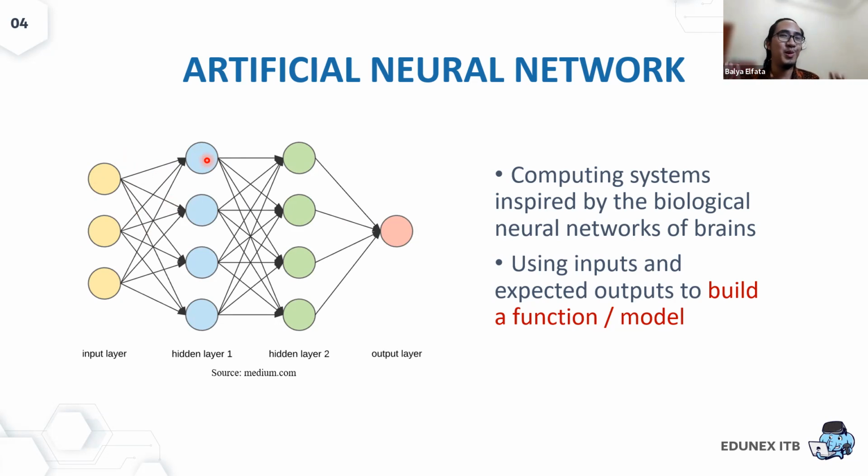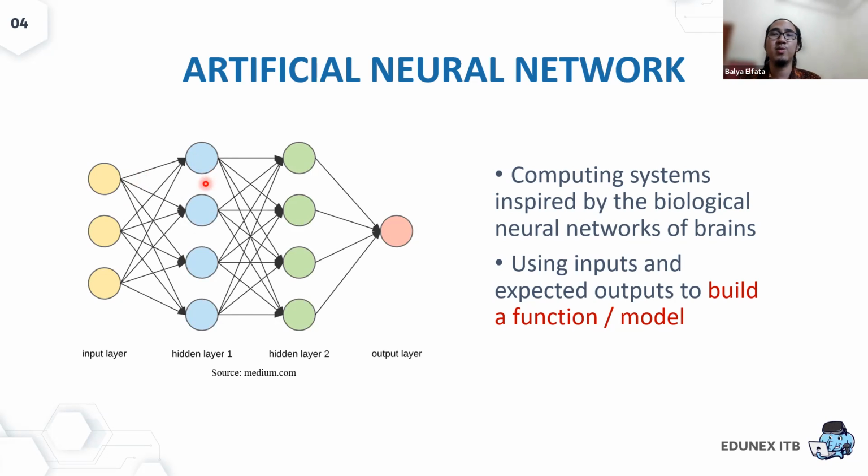But we don't need to think about how many percent we put here or on hidden layer 2, because the artificial neural network will build a function or a model consisting of weighted connectors, which decide how much of the input layer goes into hidden layer 1.